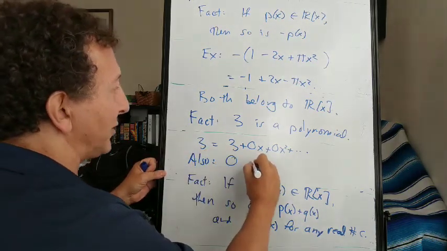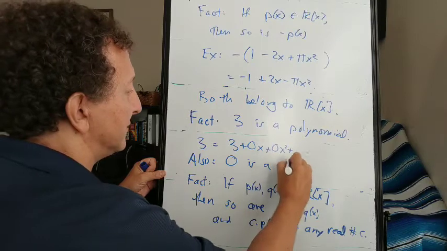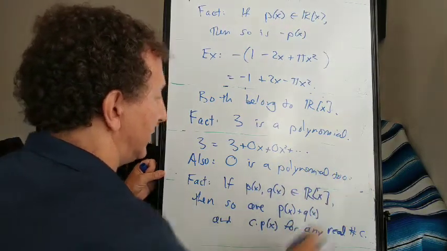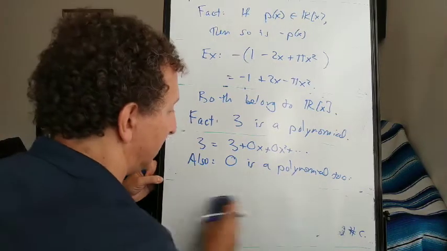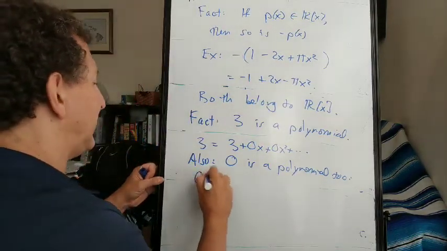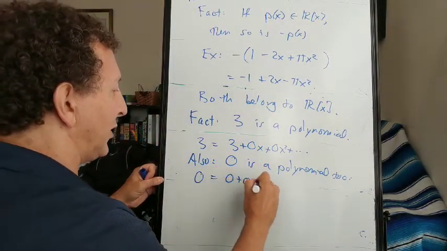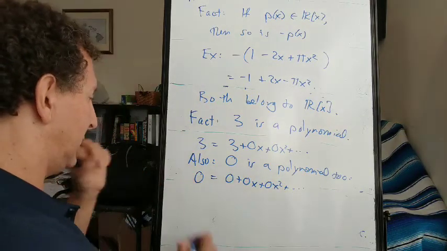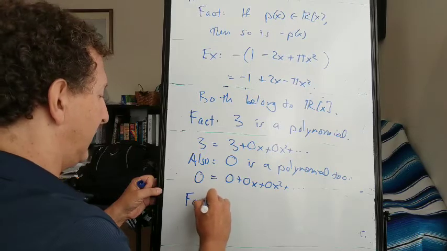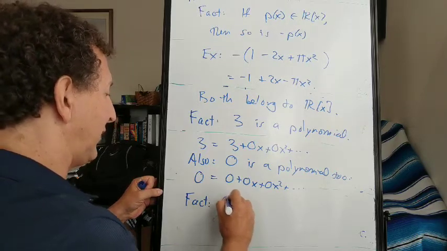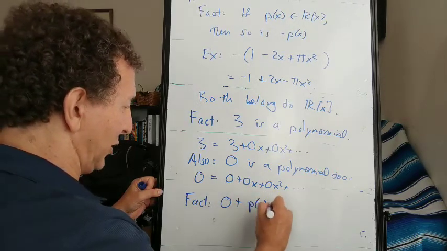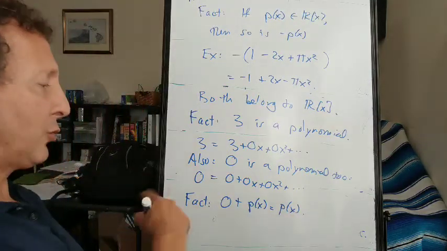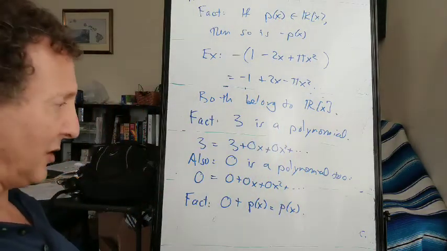And that means that 0 is a polynomial too, because 0 is 0 plus 0x plus 0x squared, etc. And of course, the 0 polynomial plus any other polynomial is just that other polynomial, because we're adding 0 to all the coefficients, so nothing changes.